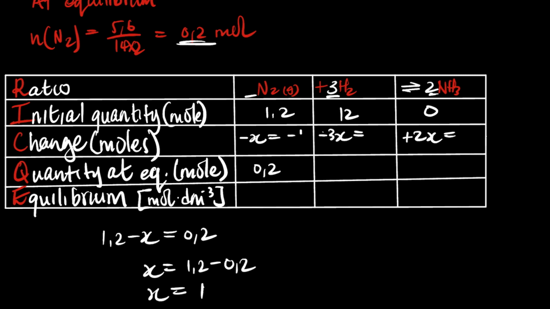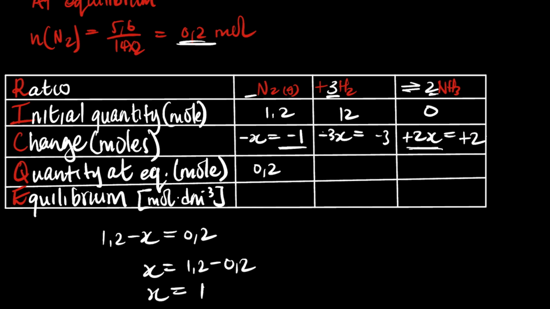And if x is 1 and you need 3x, 3 times 1 is 3, so here it's minus 3. And if you're looking for 2x, it's 2 times 1, which is 2. That will be plus 2.